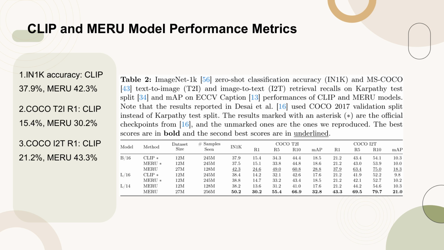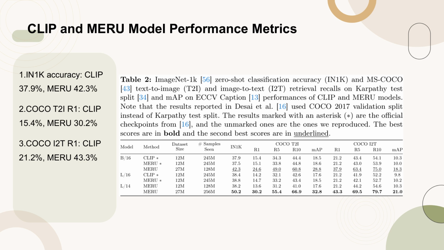In COCO T2I retrieval, MERU achieves a significant improvement with an R1 score of 30.2% versus CLIP's 15.4%. Similarly, in COCO I2T retrieval, MERU's R1 score is 43.3%, surpassing CLIP's 21.2%. These findings suggest that MERU's performance is superior in both classification and retrieval tasks, highlighting its effectiveness in zero-shot learning scenarios.